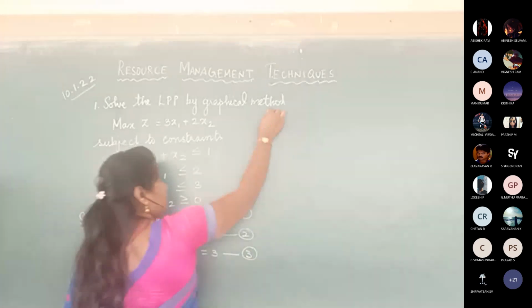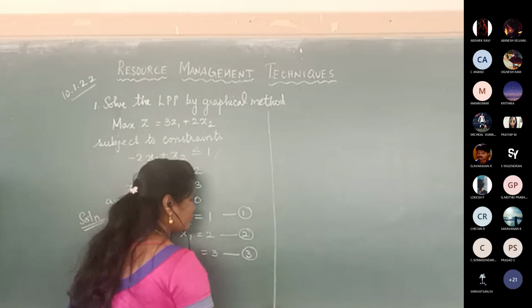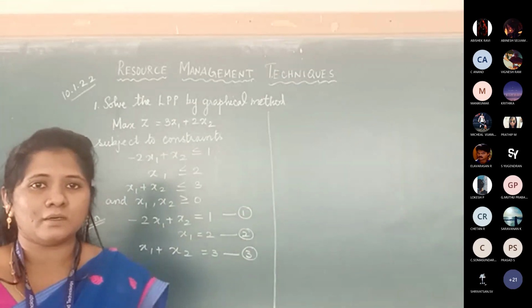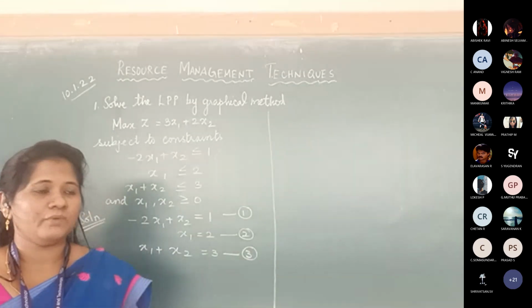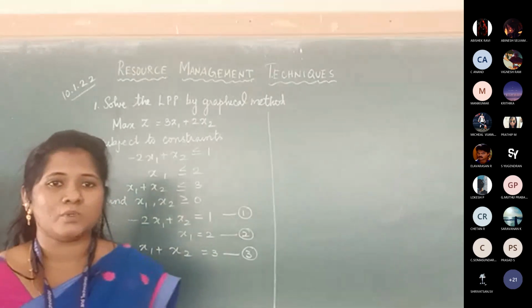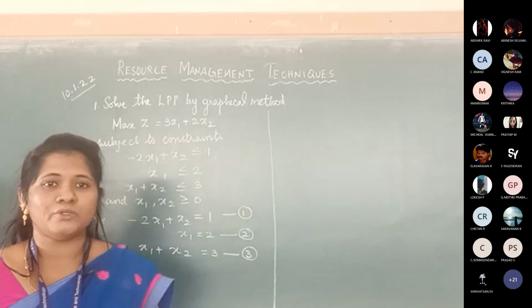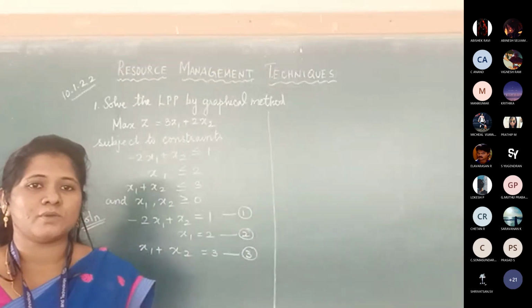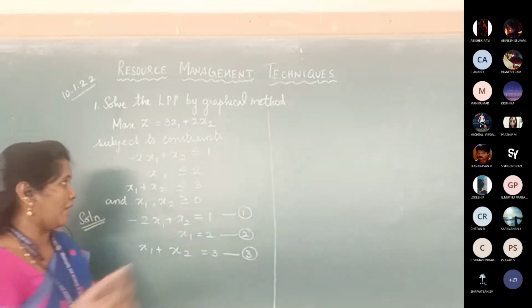After writing your first step, I told you to solve the equation in such a way that you get a straight line, which you will have to draw. For each equation, we will substitute x1 is equal to 0 and get the value of x2. Similarly, put x2 is equal to 0 and get your x1 value.